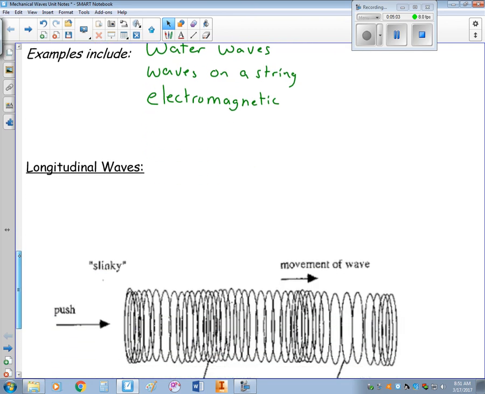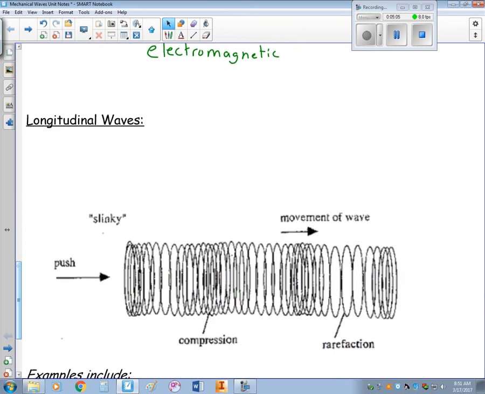Okay, the next type is longitudinal. Now, longitudinal also has another name. We can also call this a compression wave. So you'll hear me go back and forth between these two. I'll call it either a compression wave or longitudinal. I mean the same thing.